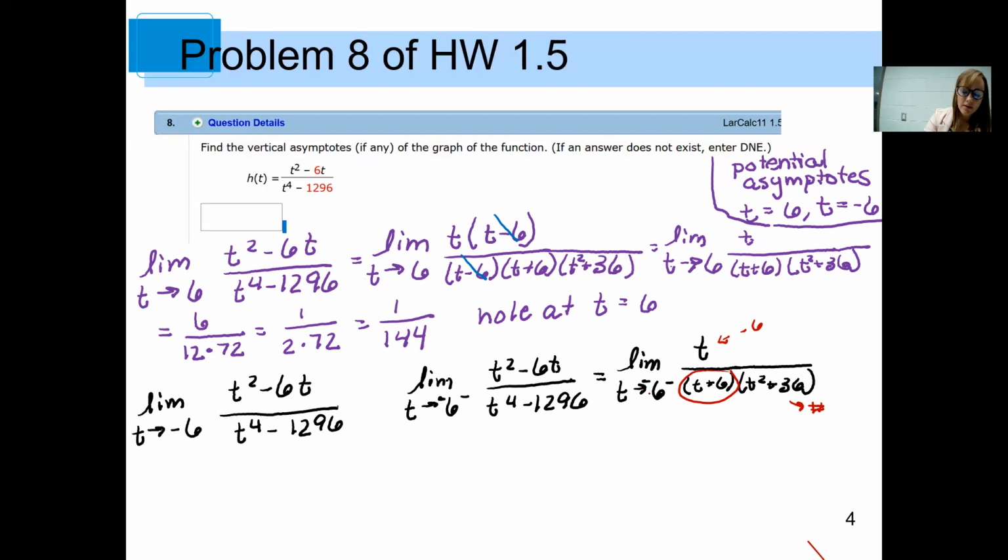If we use values like -6.1, -6.01, these are going to have t plus 6 outputs that look like -1/10, -1/100th, etc. And so we have a constant divided by a constant times, really, something like a 1 over -infinity.